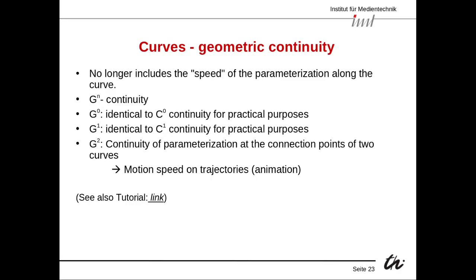So the G continuity tries to get rid of this dependency of the parametrization on this factor. Except for that, it's the same meaning. It's just more meaningful for computer graphics. So we basically use both interchangeably here.